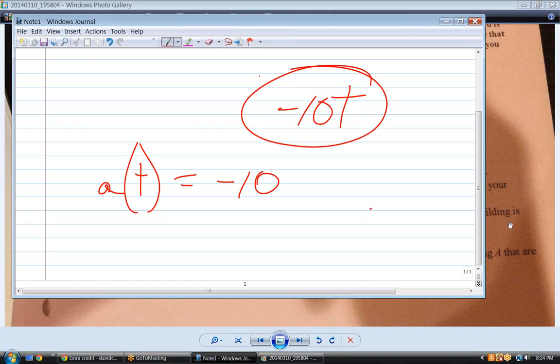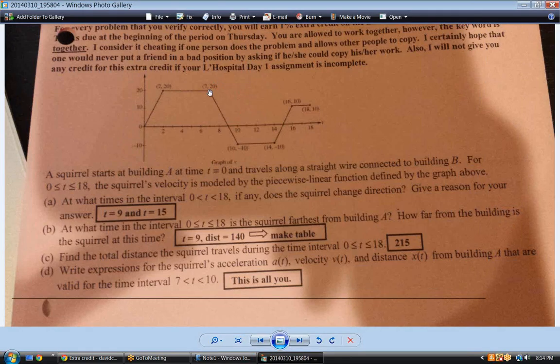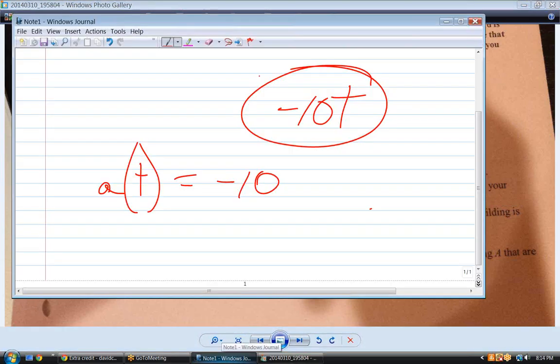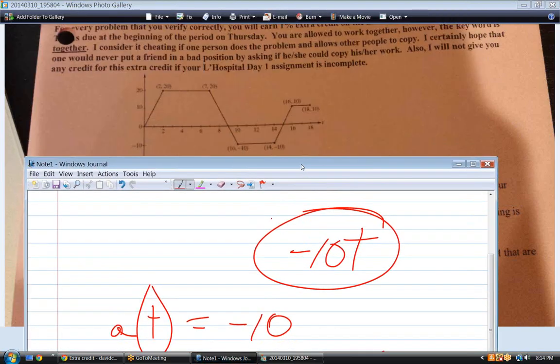In other words, the velocity at this point was, excuse me, the velocity was 70 units per second, and at, hold on a second. How is that this function?